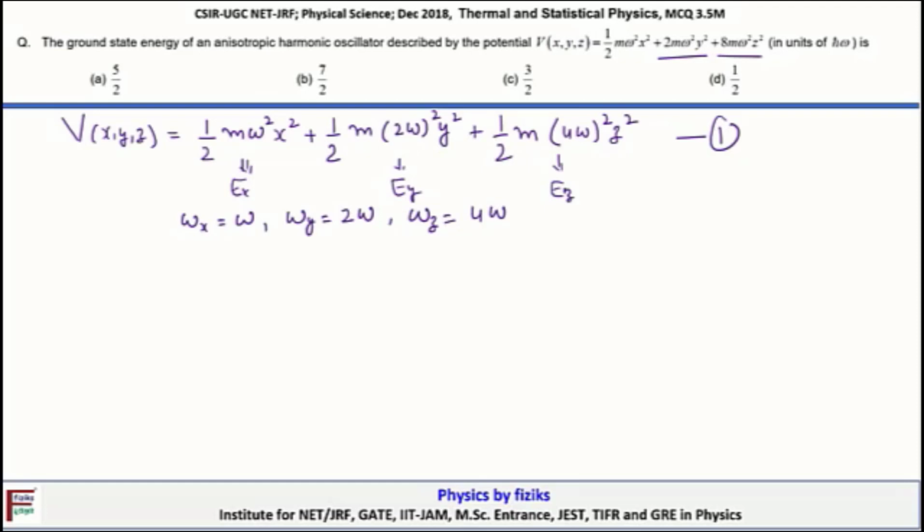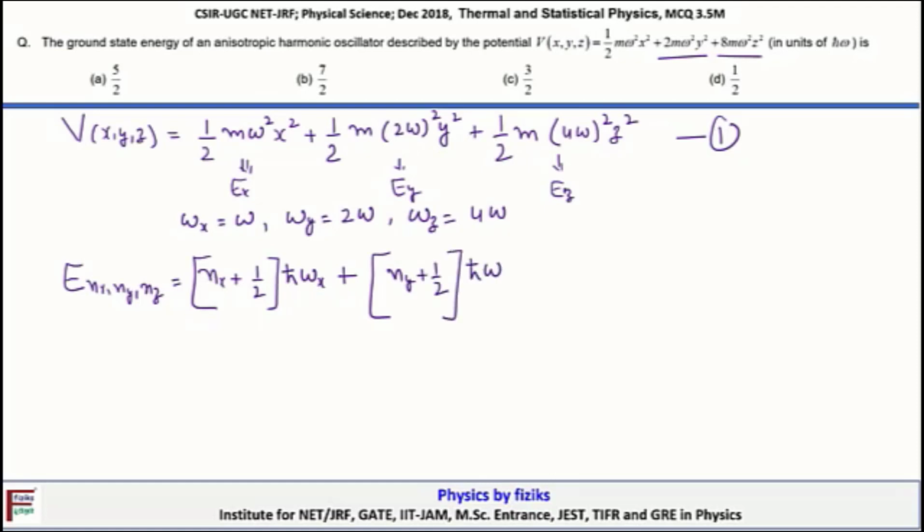Okay, so now the ground state energy is given by, for the given potential, the energy E(nx, ny, nz) equal to (nx plus 1 by 2) h cut omega x, and then plus the energy eigenvalues along the y direction, which is (ny plus 1 by 2) h cut omega y, plus (nz plus 1 by 2) h cut omega z.